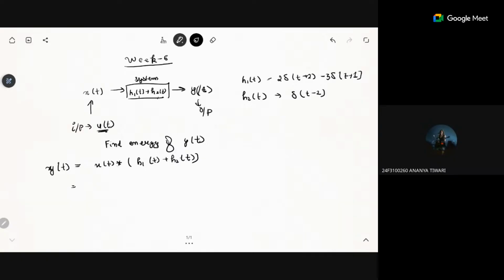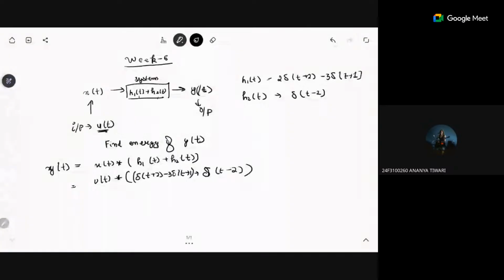Now x(t) is u(t). It is convolved with these functions: 2 delta(t) plus 2 minus 3 delta(t) plus 1 plus delta(t) minus 2. So what will be your approach to solve this?